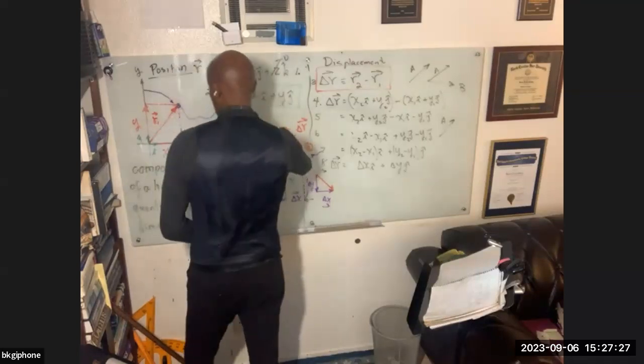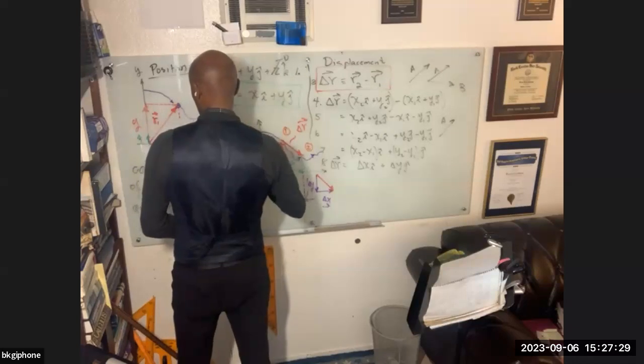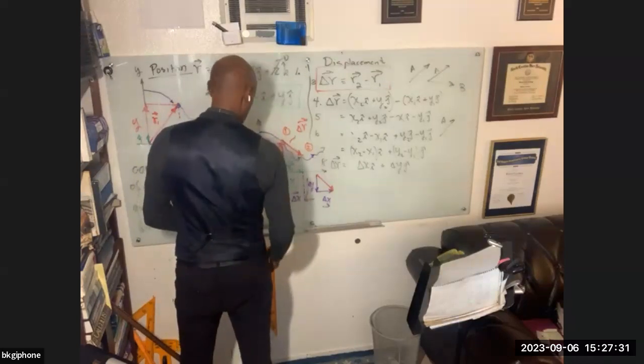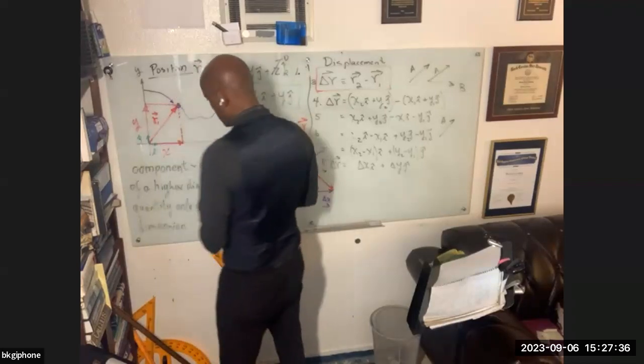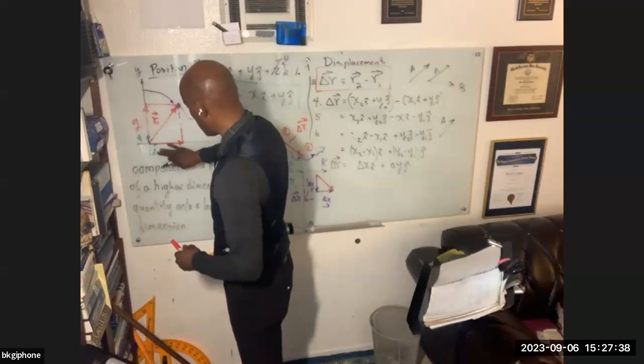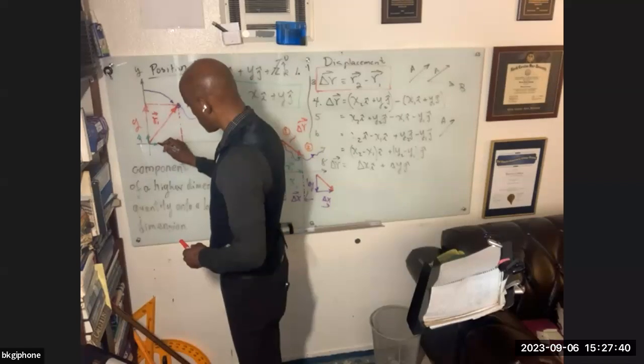Let's come back here and just redraw. Maybe I can superimpose it on top. Let's do something like this. I'm going to put in numbers. Let's make that 1.